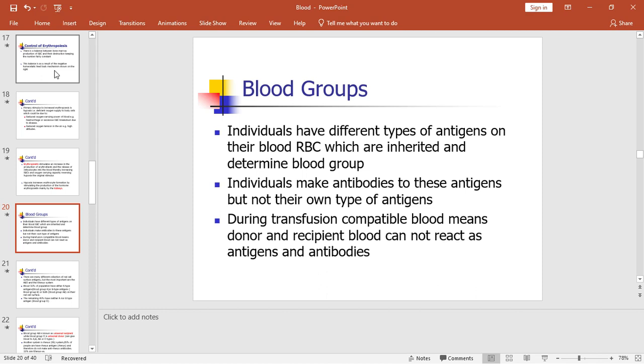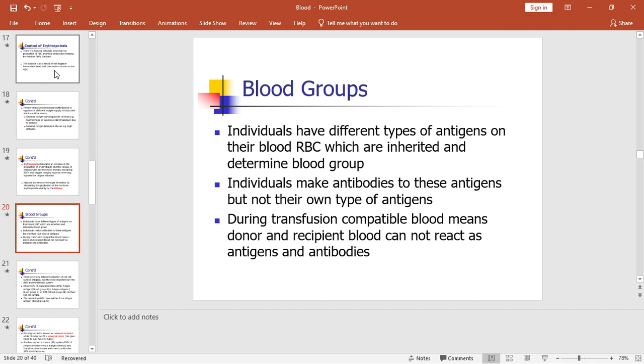So in most individuals, you are either going to have the A antigen, or you are going to have the B antigen, or you are going to have a combination of A and B, or you are not going to have any antigen at all. You understand? Right.